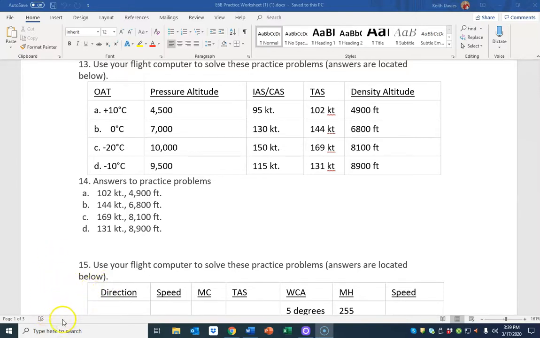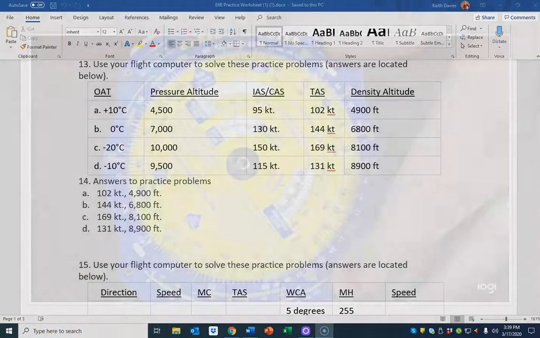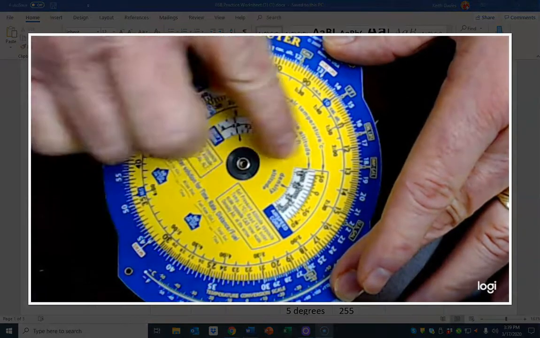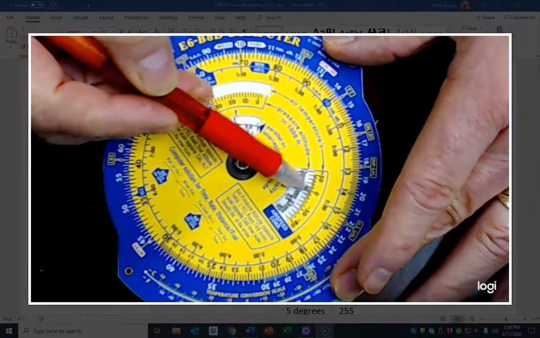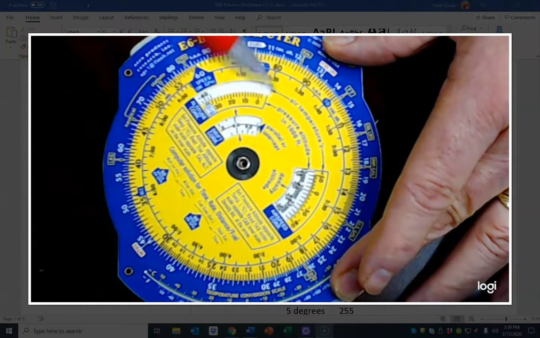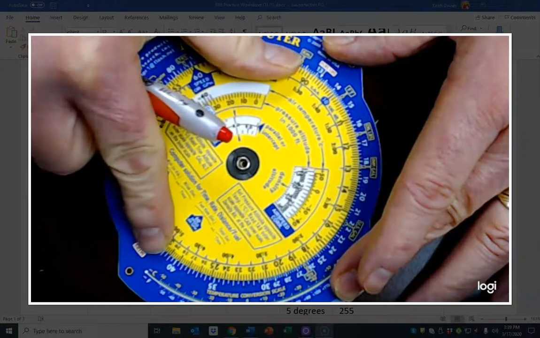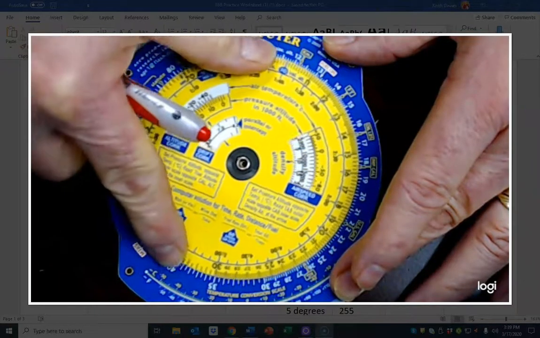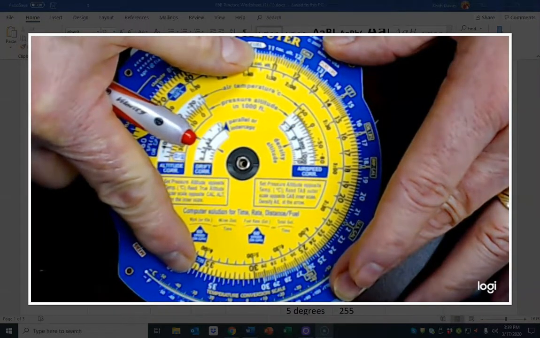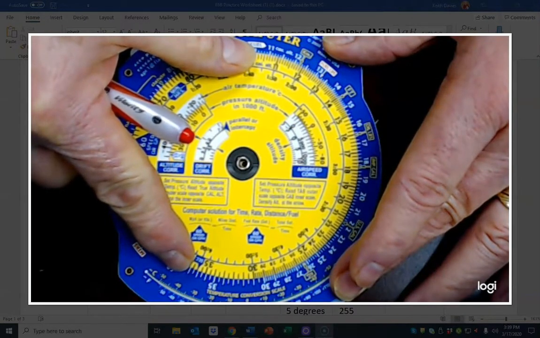10 degrees, 4,500 PA. All right, let's go back up here. 45 degrees is right here. Now keep in mind the positive's on the left-hand side of the 0. Okay, so there's about 10 degrees right there. And then you want to go all the way around to 4,500 feet. There's 5,000, 10 degrees, and the first tick marks are one each.